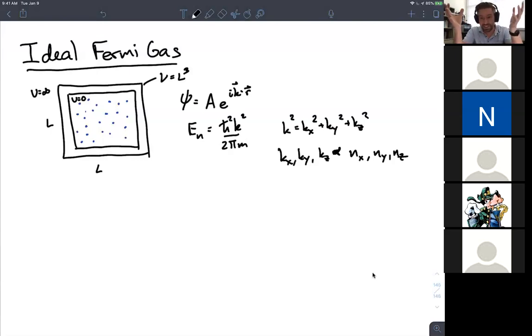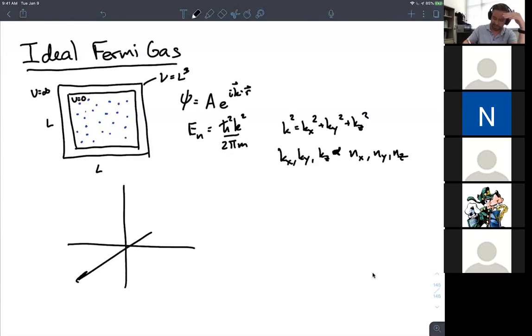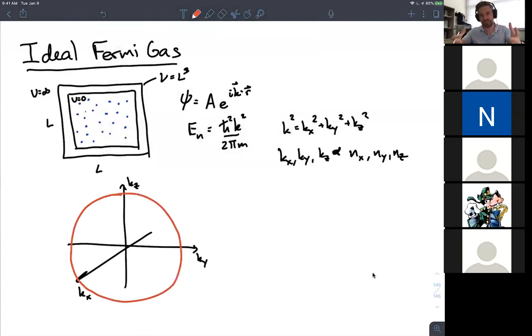So the argument again is exactly the same. When you look at the behavior of this gas in phase space, the coordinates we're interested in are going to be our components of k, or equivalently the components of p, the momentum, and our constant energy levels correspond to a sphere in this k space.